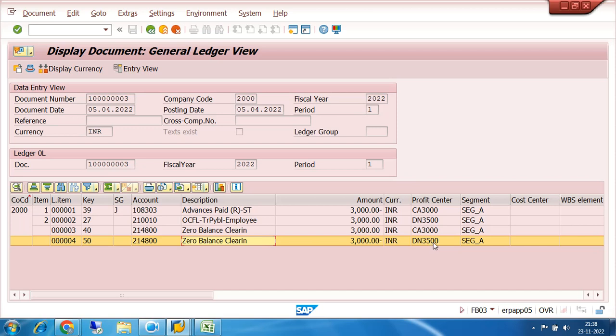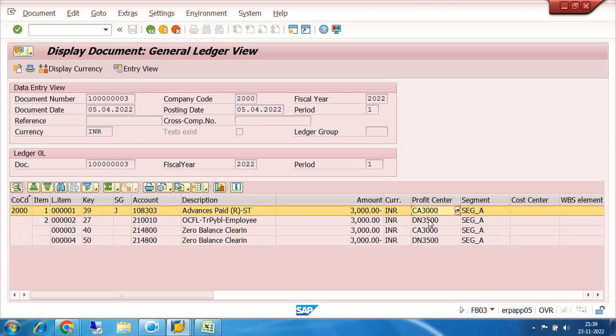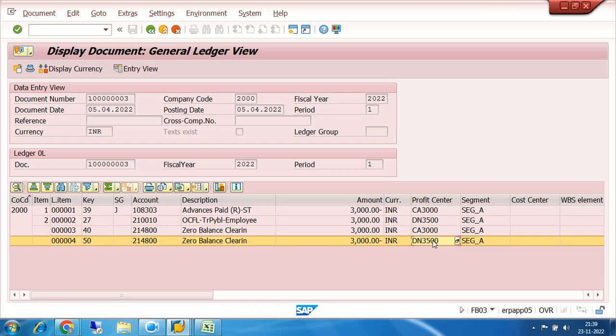So the zero balance clearing account is that account which is automatically populated while passing a transaction using different profit centers. Debit line items will have a different profit center, credit line items will have a different profit center. In that situation only, zero balance clearing comes into play.